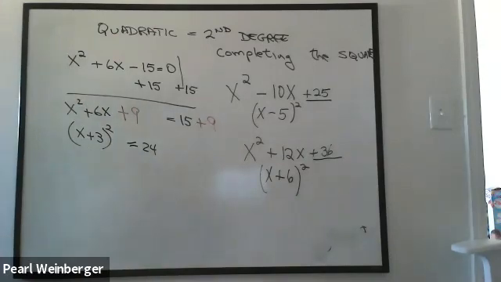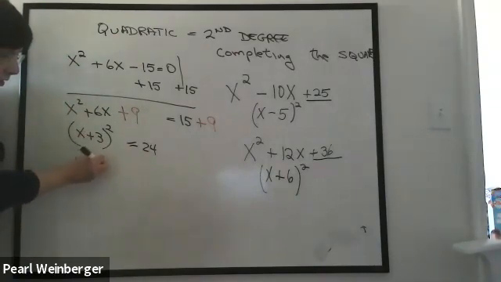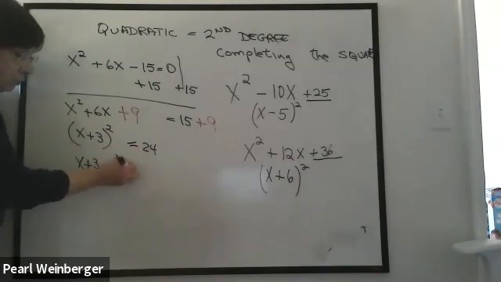Now remember what the square root method tells me. Take the square root of both sides. The square root of x plus 3 squared is just x plus 3. On the other side, it's a plain number, so I have to do plus or minus the square root of 24.